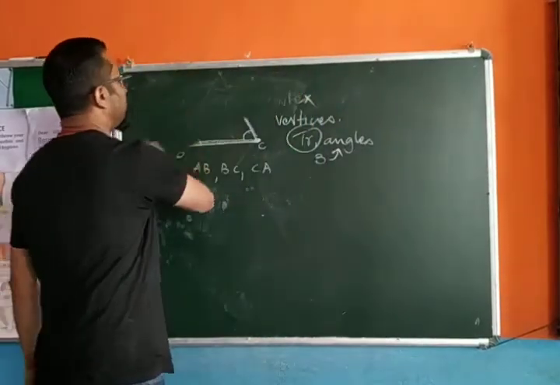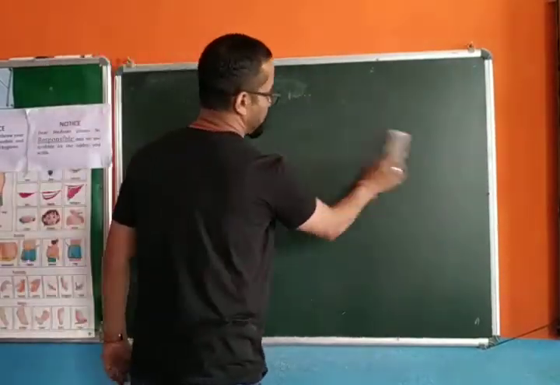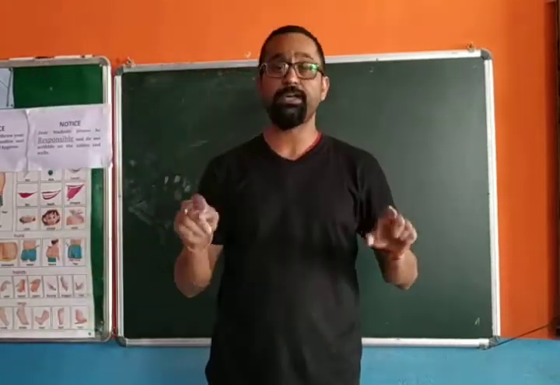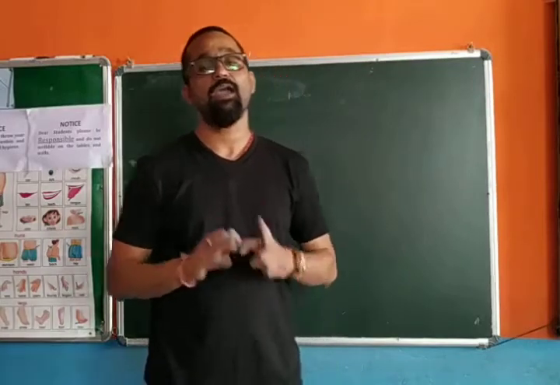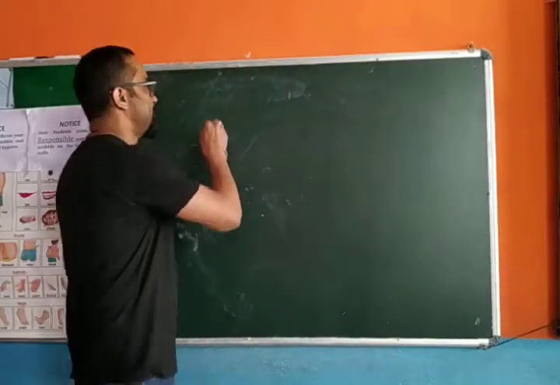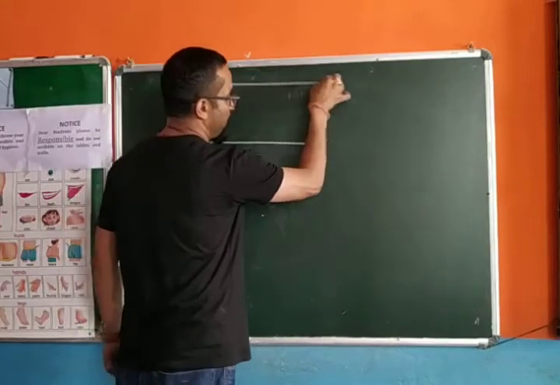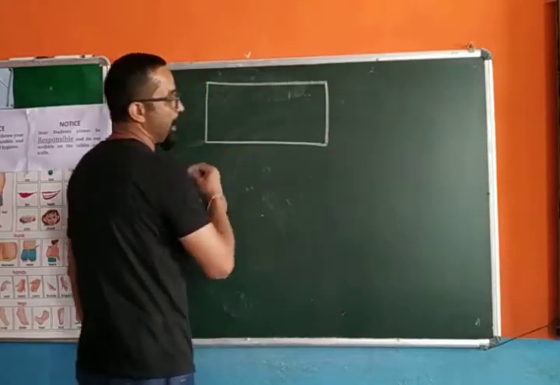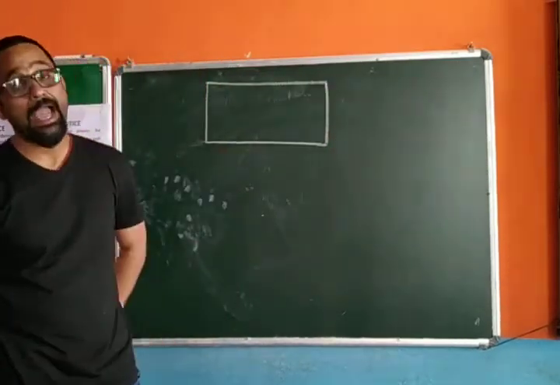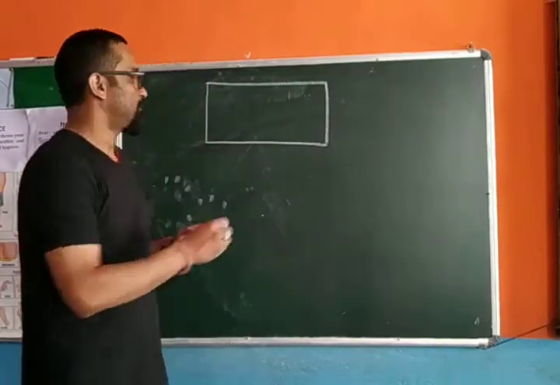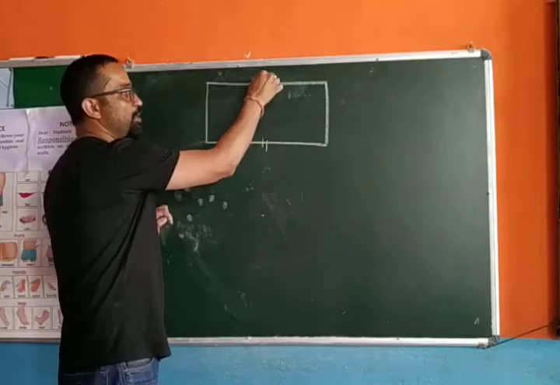The second closed figure is the rectangle. A rectangle is a closed figure bounded by four straight lines. A closed figure bounded by four straight lines is called a rectangle. A rectangle has opposite sides equal.